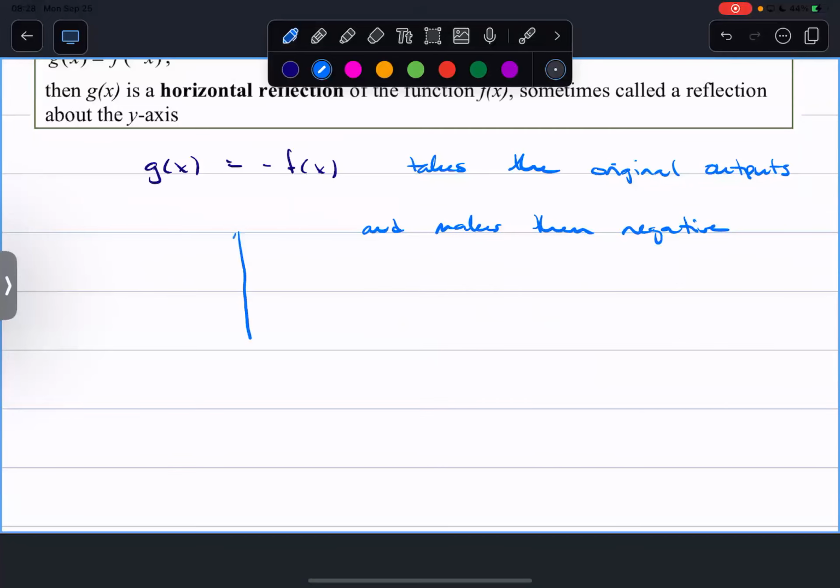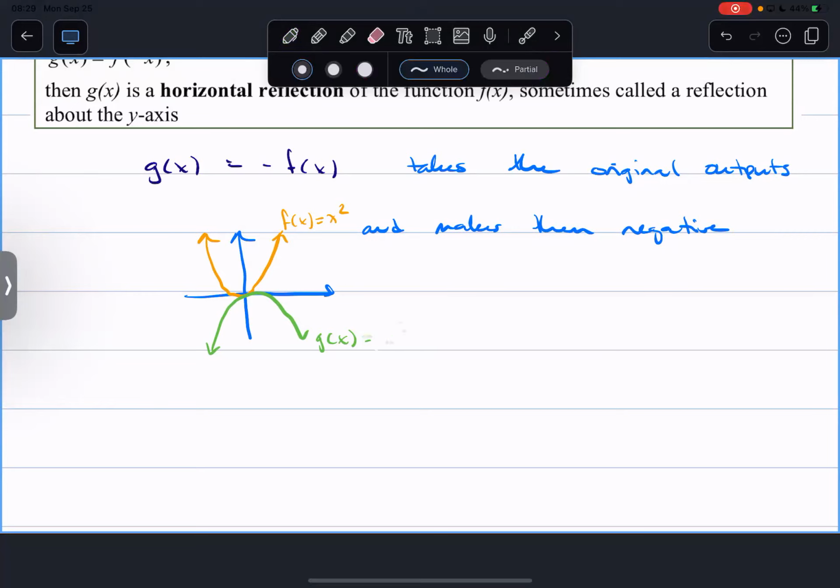Which is going to look something like, if we're talking about x squared, right? If f of x is x squared, then g of x is negative x squared. And I should be careful here, negative x squared in brackets.